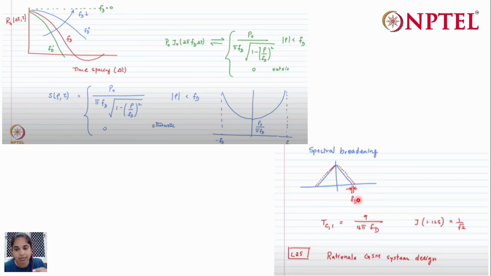This has a direct implication for the coherence time. The larger our Doppler frequency, the lesser our coherence time. If the Doppler frequency is larger, the channel is varying very fast, so the time for which the channel remains coherent is getting smaller. TC is given as 9 by 16 pi into FD.